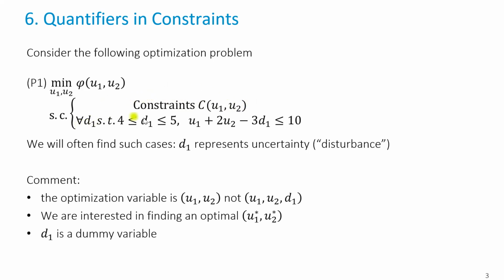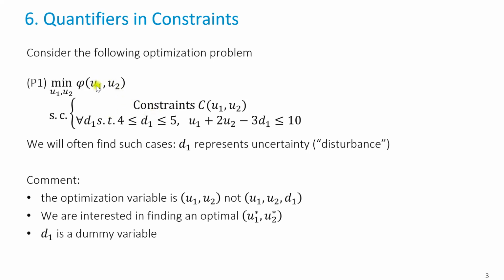And then I have a special form of constraint which says, for all number D1 such that D1 is between 4 and 5, U1 plus 2 U2 minus 3 D1 is less than or equal to 10. So what does that mean here?